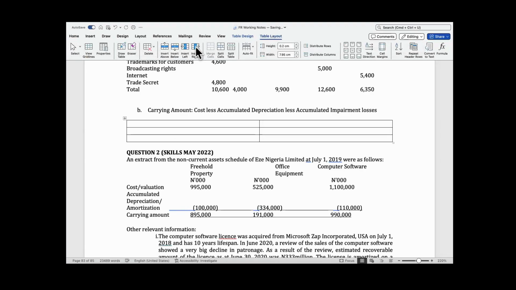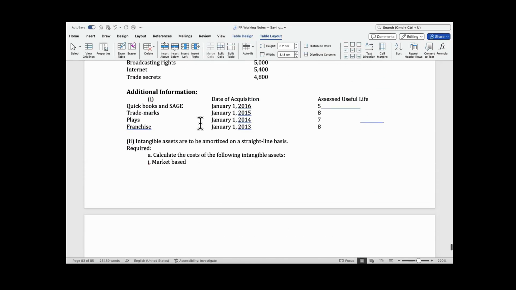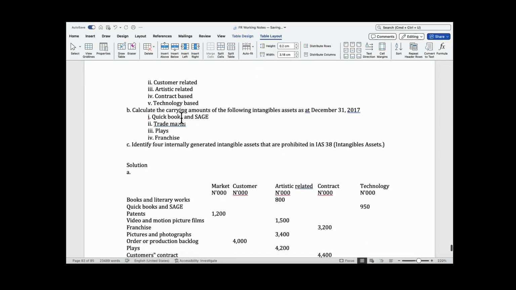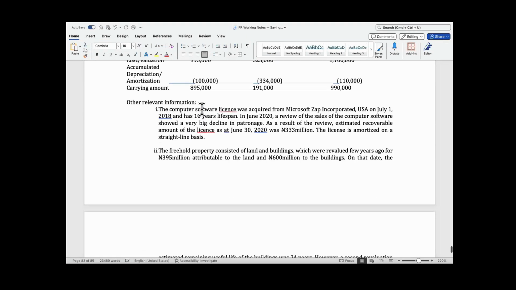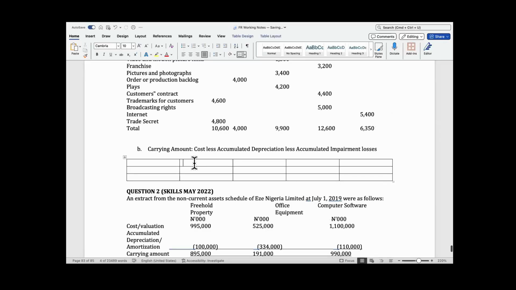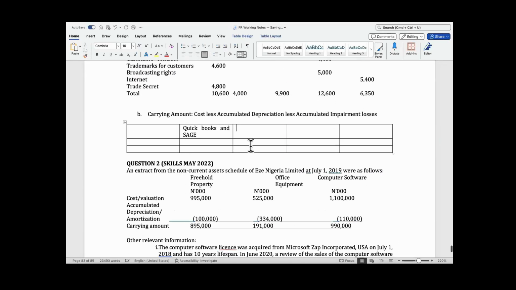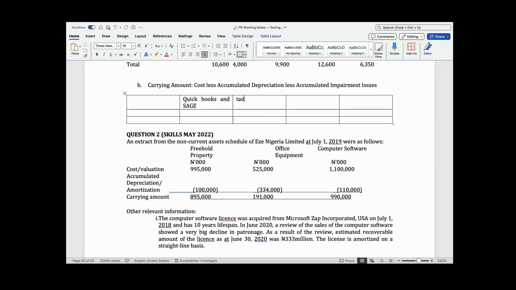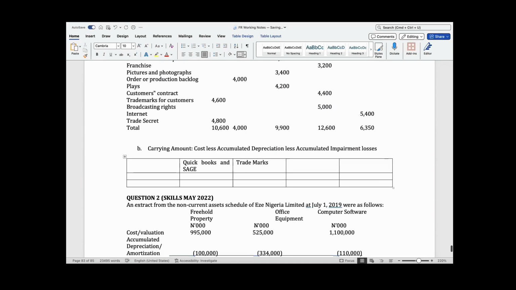Let me insert rows, right. I want to do for QuickBooks and Sage. I want to do for trademarks. I want to do for place.